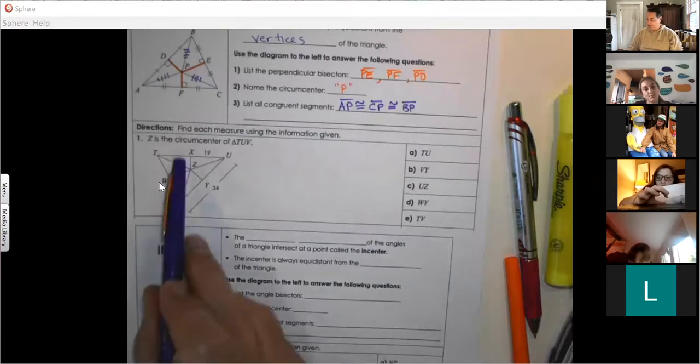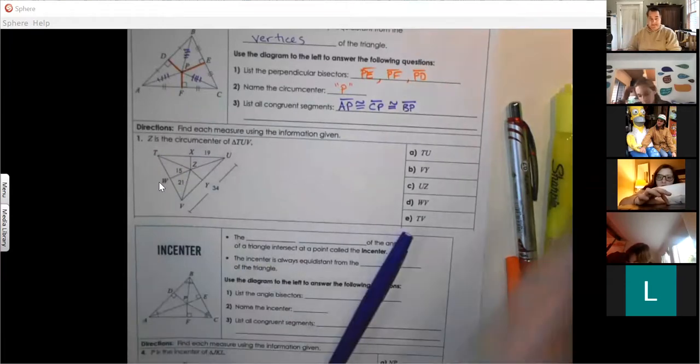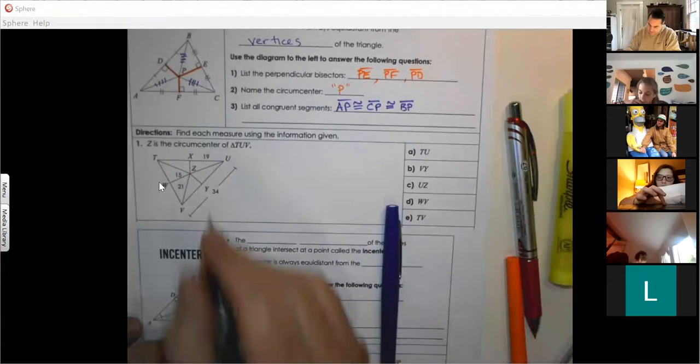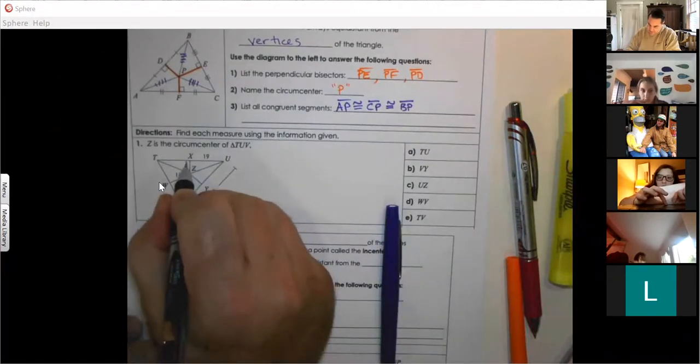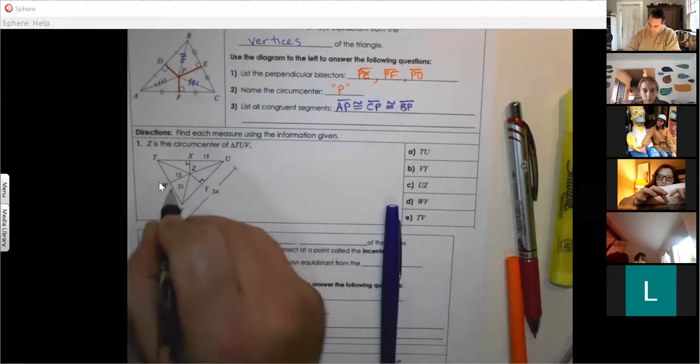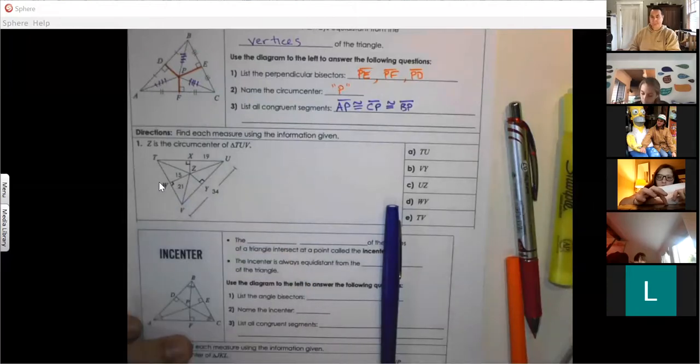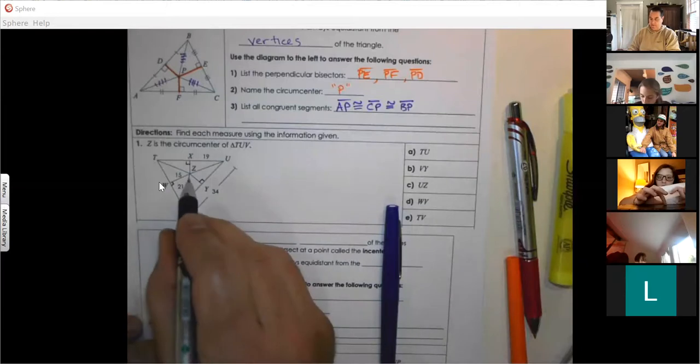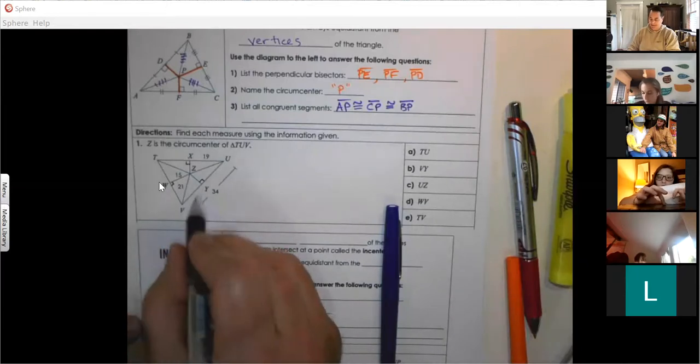They tell us Z is the circumcenter. And I'll tell you that I'm going to contact the worksheet maker of this and tell them that they really need to put perpendicular marks here. Because otherwise these could be going off in crazy directions and you wouldn't know that they're bisecting the sides.